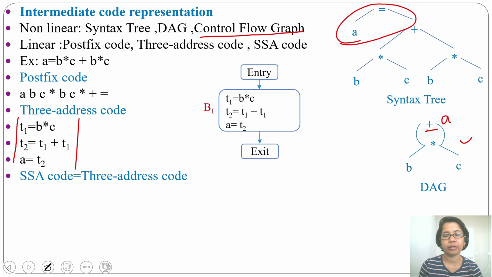From block 1 there will be one edge to exit. Now this is the control flow graph for this 3 address code. If there is a conditional or unconditional jump, then we can divide 3 address code into multiple blocks. But here there is no jump, so all the statements will be in one block.